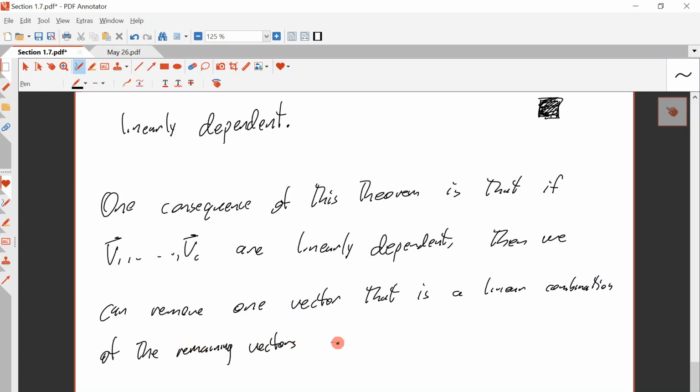Of the remaining vectors, check for independence or dependence again.